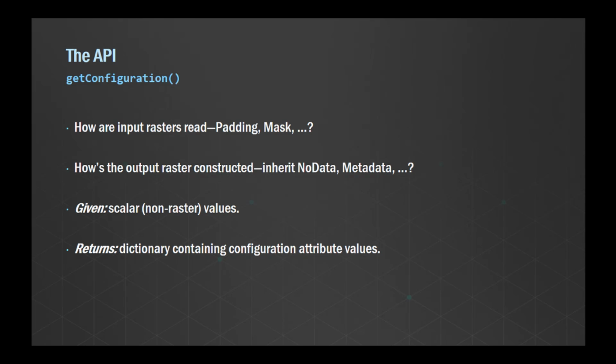You can also set it manually, but you can inherit properties from the parent image. So this is the get configuration method. You can also disable properties from the input raster as well in here. And I'll show you a working example of this as well.